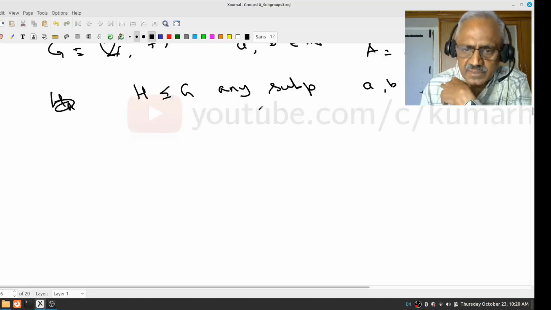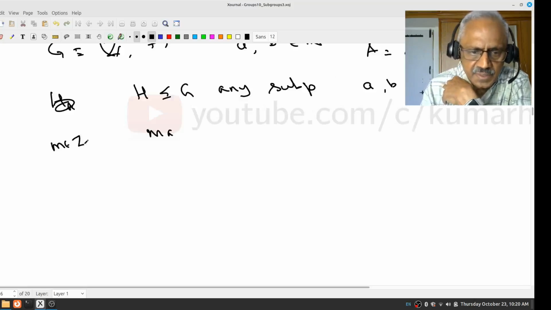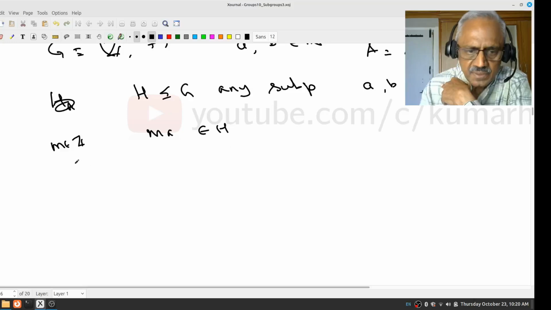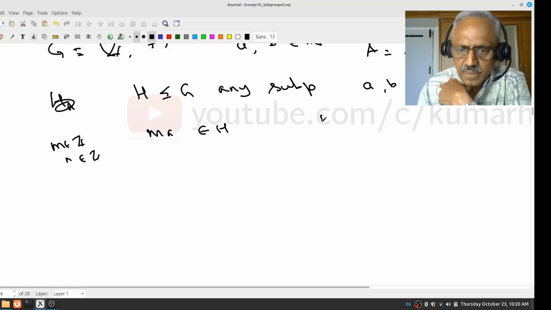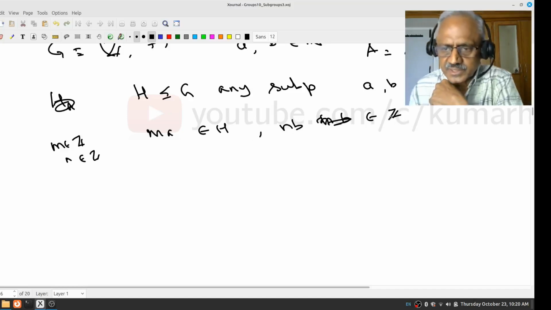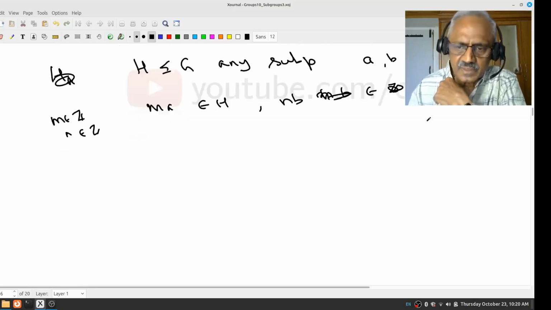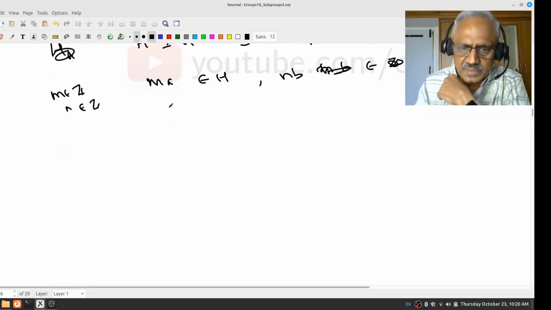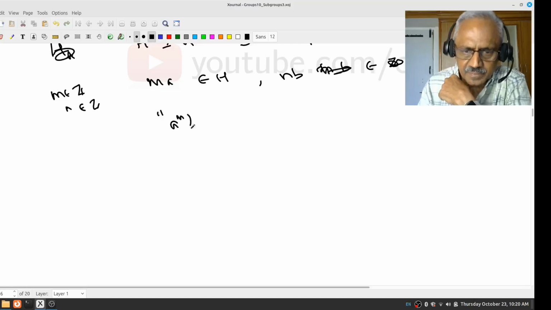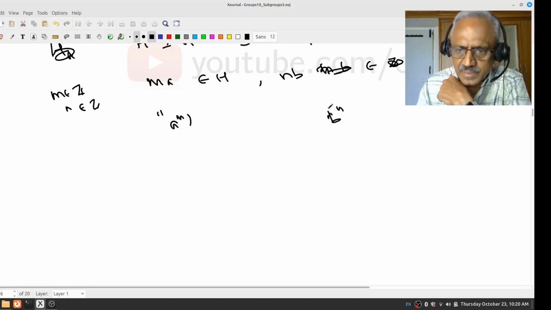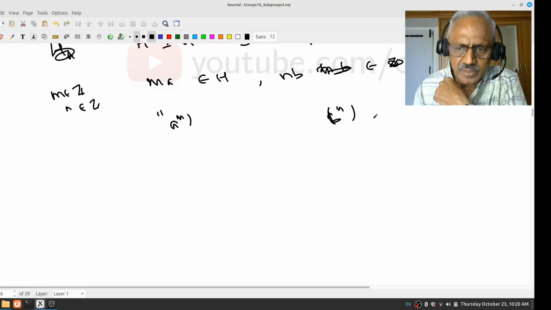Then since a is in H, any multiple of a, ma where m is any integer, should be in H. Similarly, any n times b must also be in H. Is that clear? Because this is something like a to the power m, and this is like b to the power n. If n is a negative integer, it means b inverse to the power n.